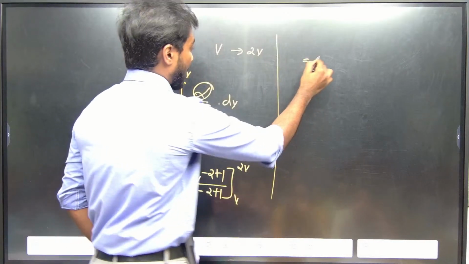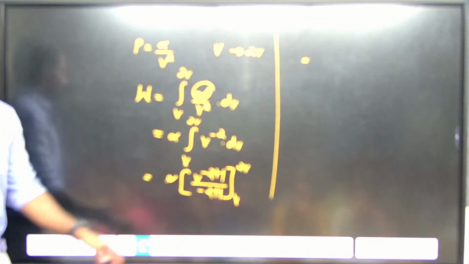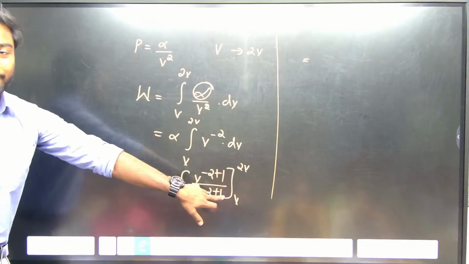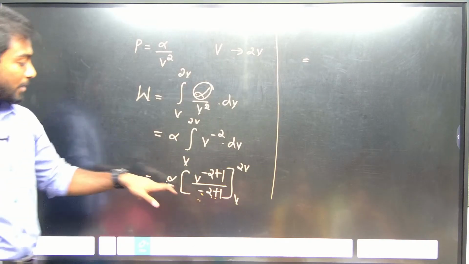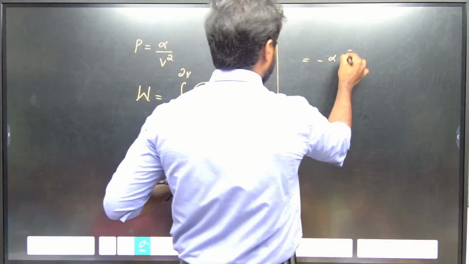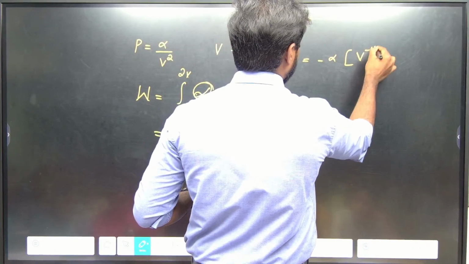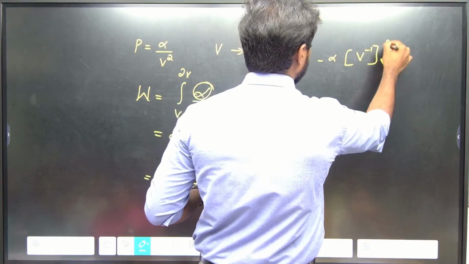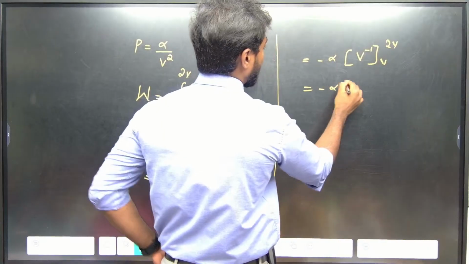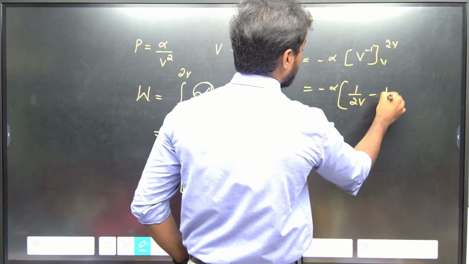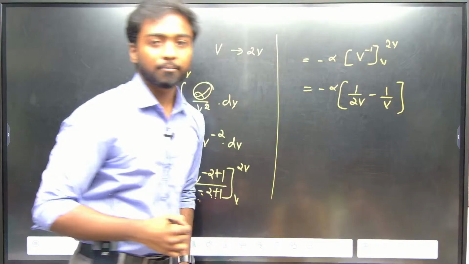Then I can take this minus commonly outside. Minus 2 plus 1, minus 1 will come. So it is minus alpha, V power minus 1 from V to 2V. So minus alpha into 1 by 2V minus 1 by V. Correct now?